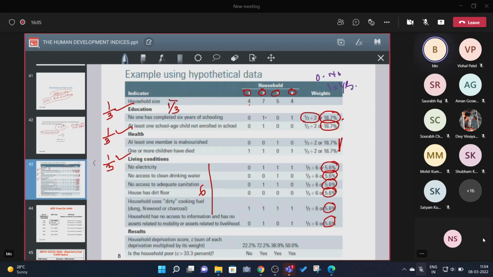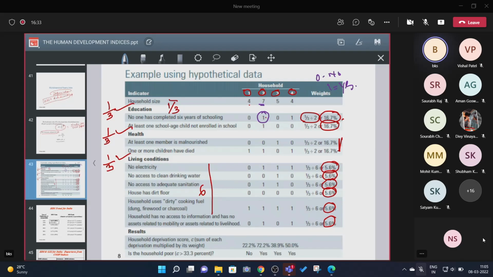So here you see, household 2 is experiencing no one has completed 6 years of schooling. That means in household 2, out of these 7 members, none of them have formal education of 6 years or beyond. So no one has passed sixth grade or so.